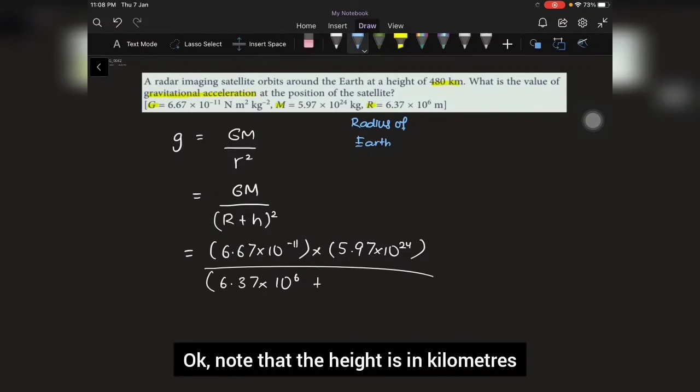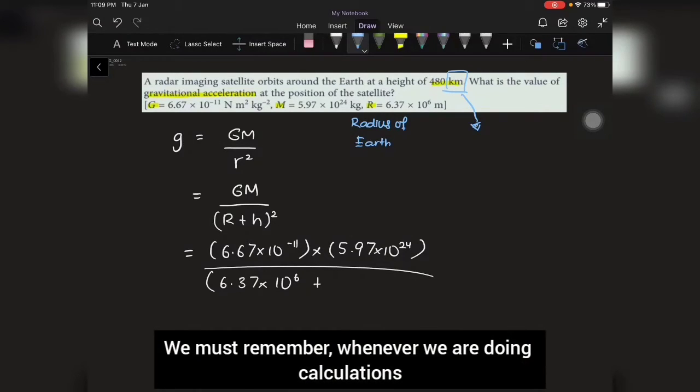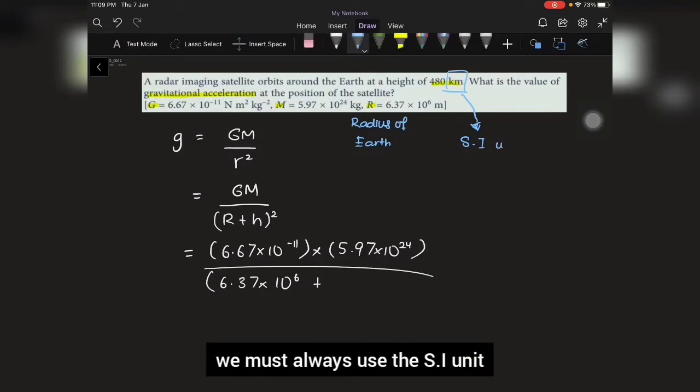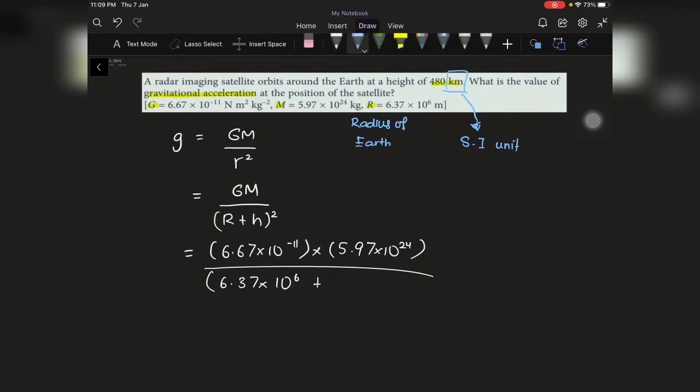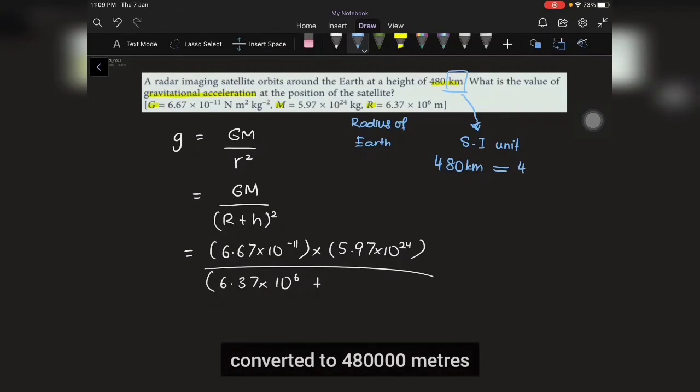Note that the height is in kilometers. We must remember, whenever we are doing calculations, we must always use the SI unit. The SI unit of distance is the meter. So we convert 480 kilometers to 480,000 meters.